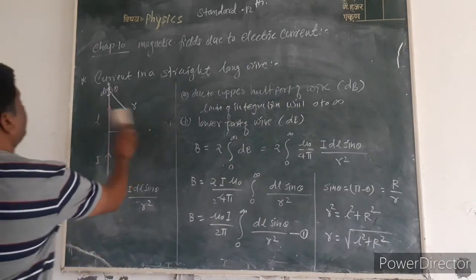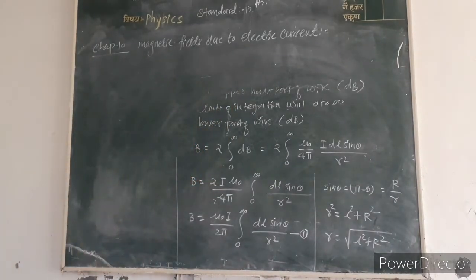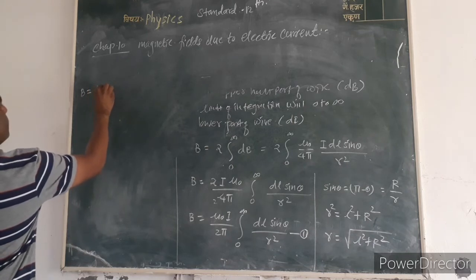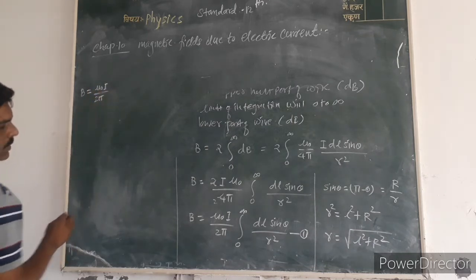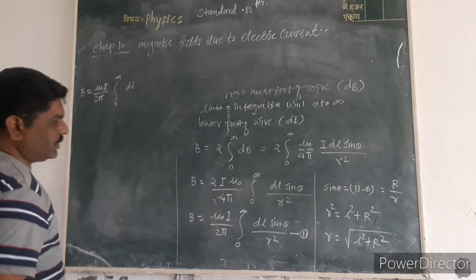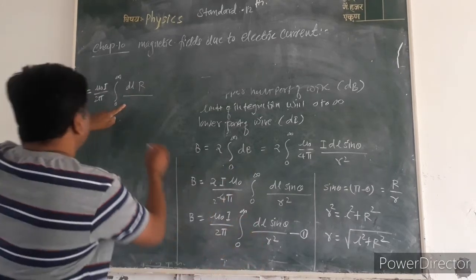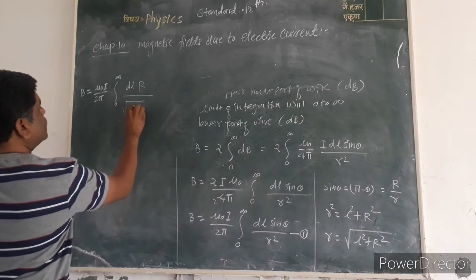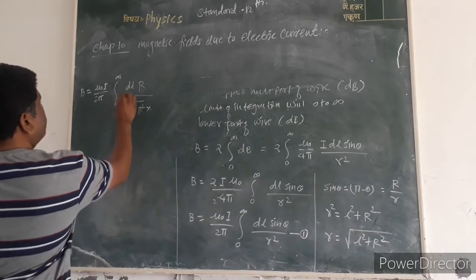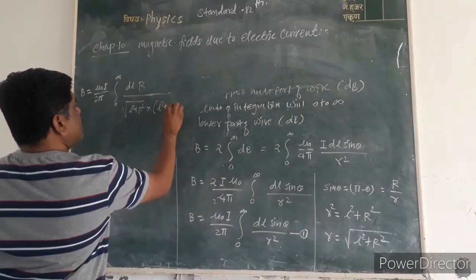Then we get the equation B is equal to mu 0 I upon 2 pi, integration 0 to infinity dl, as it is dl sin theta, R upon r, but the value of r is under root L square plus R square, into r square, that means L square plus R square, L square plus R square.